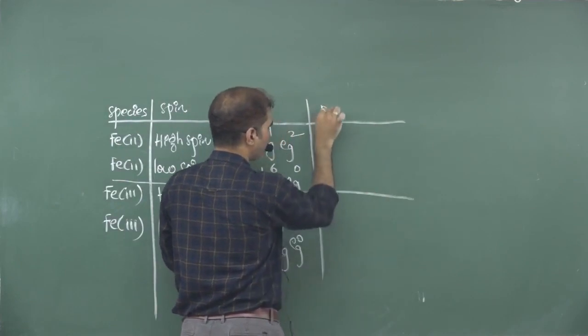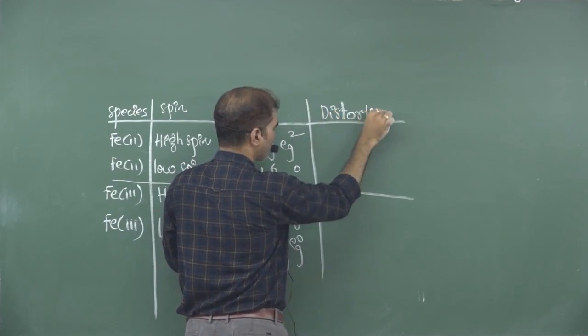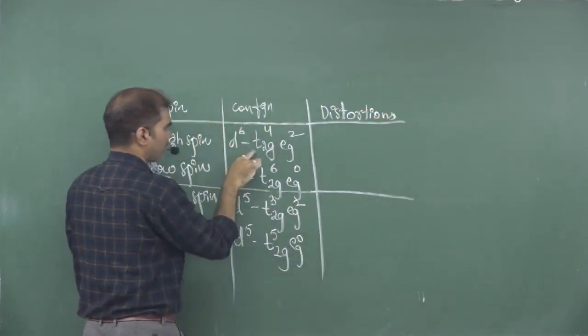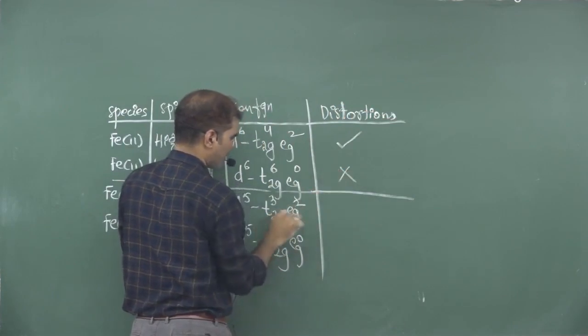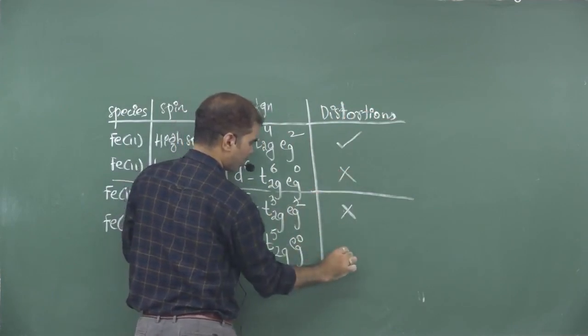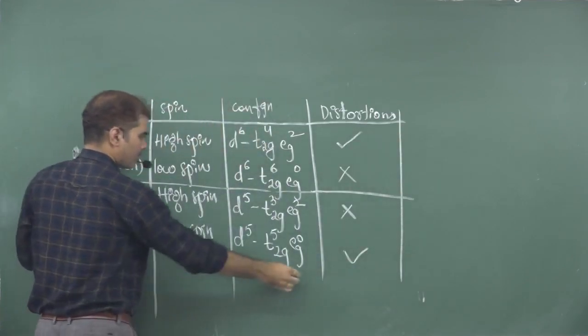Next, do you expect any distortions? T2G4 unsymmetric, distortions are present; no distortion; no distortion; distortion. All this is for octahedra.